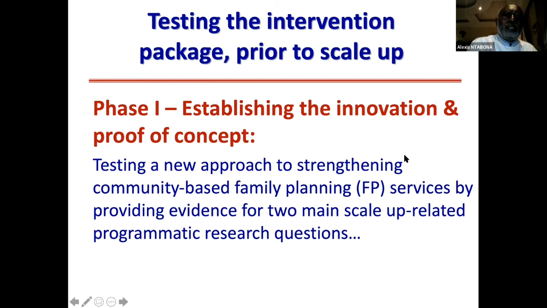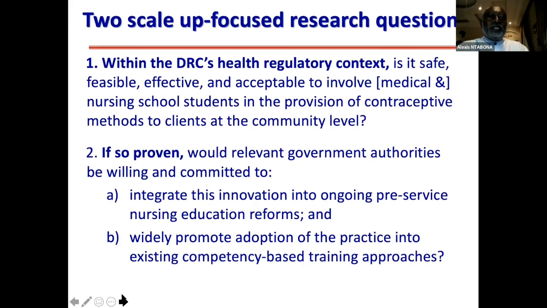For phase one, which is the design of the innovation and getting the proof of concept, it was meant to do the testing, a new approach to strengthening community-based family planning services by providing evidence for two main scale-up related program research questions. Next slide.